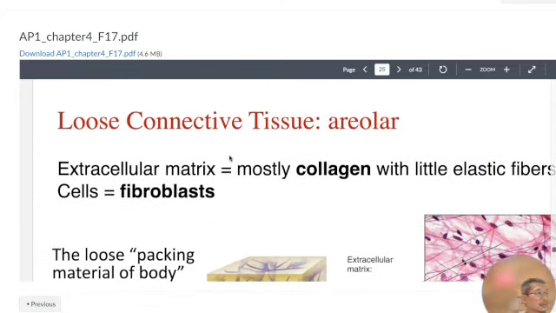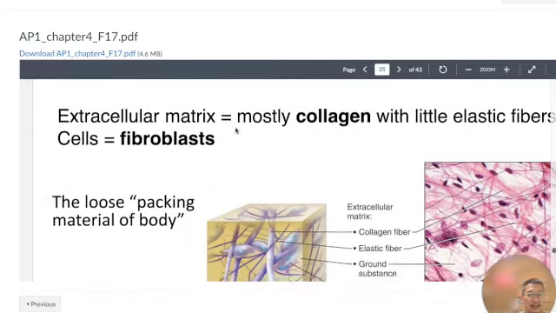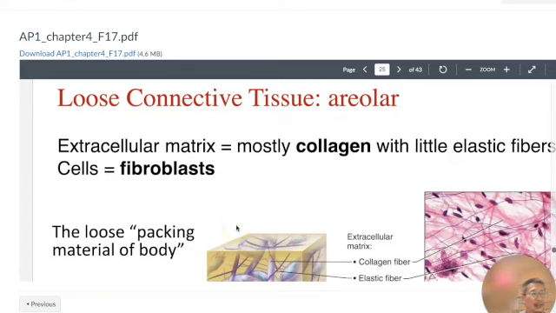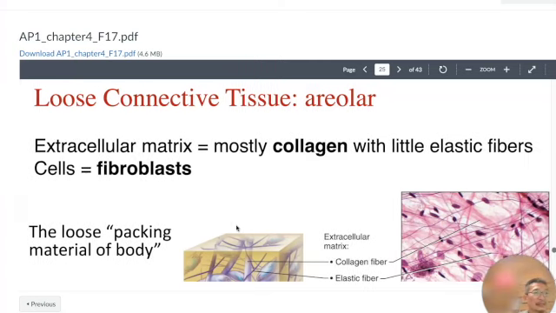Loose connective tissue. It's between, let me see if it's in that chart. Okay, it is in that chart. If you look back here, loose connective tissue. We're going to look at three of them. Loose connective tissue, many of them are between organs, absorb shocks, allow nutrient and salt to get in.